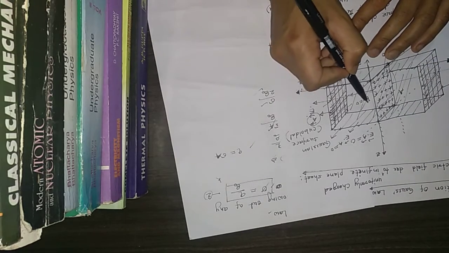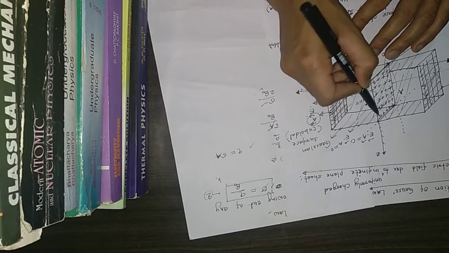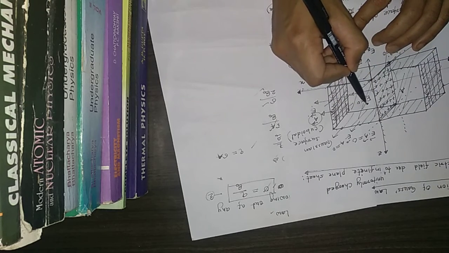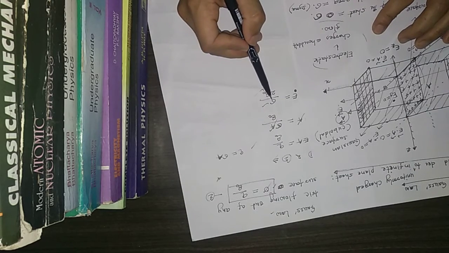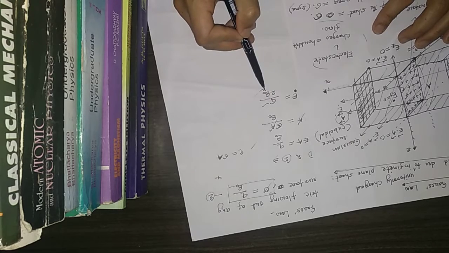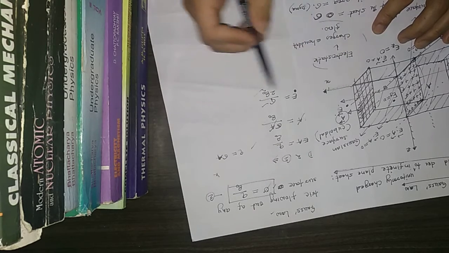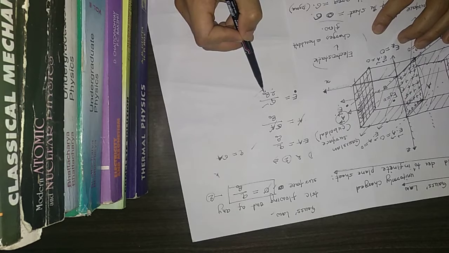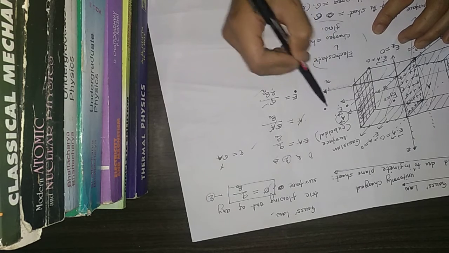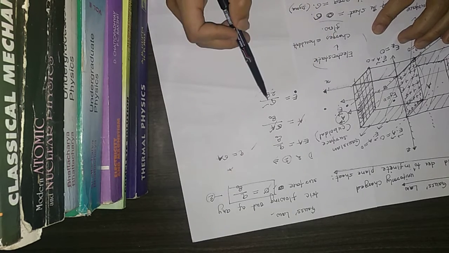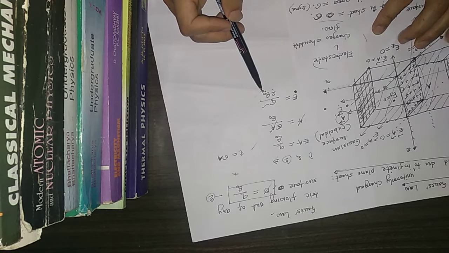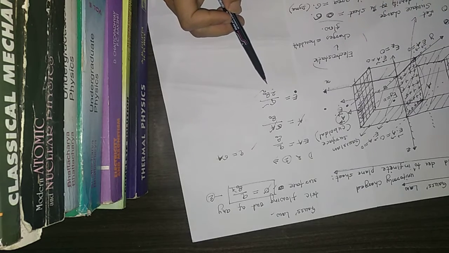At this point nearby the sheet, at this distance, and at this distance the value of the electric field will be equal to sigma by 2 epsilon 0, because there is no dependence on distance.